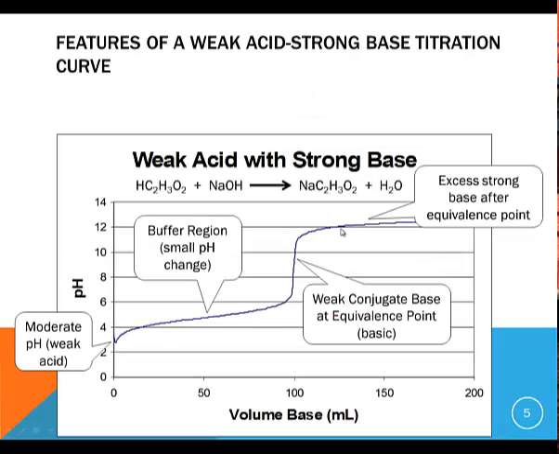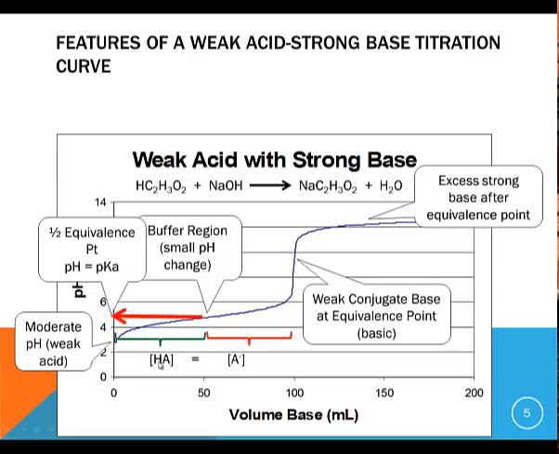Now we want to take a look at the features and the shape of this weak acid strong base titration curve. It starts out moderately low, but not extraordinarily low, somewhere in the neighborhood of 2.7. We start titrating it. Here's the buffer region. Why is it the buffer region? It's the buffer region because I still have weak acid in the same solution with a substantial amount of its conjugate base.